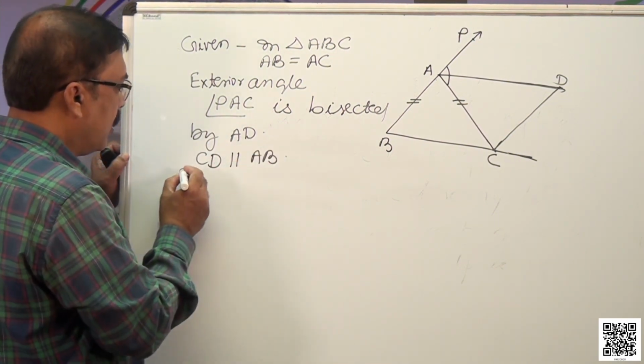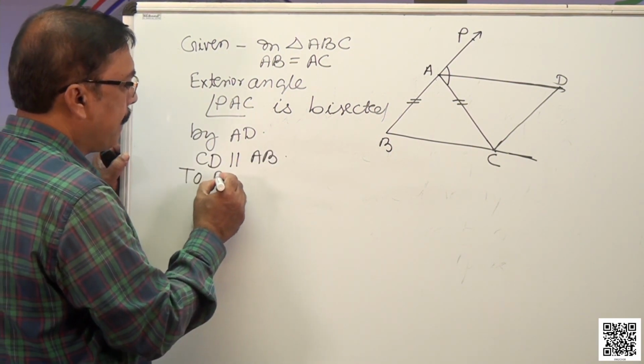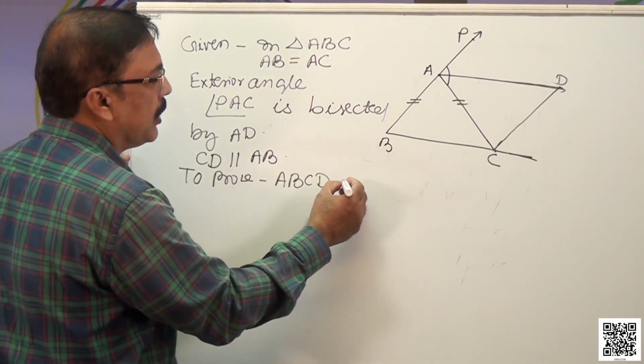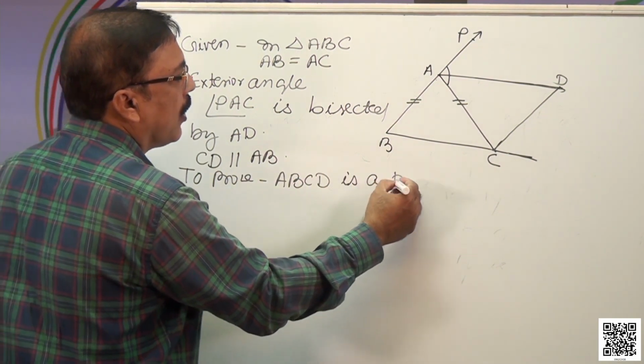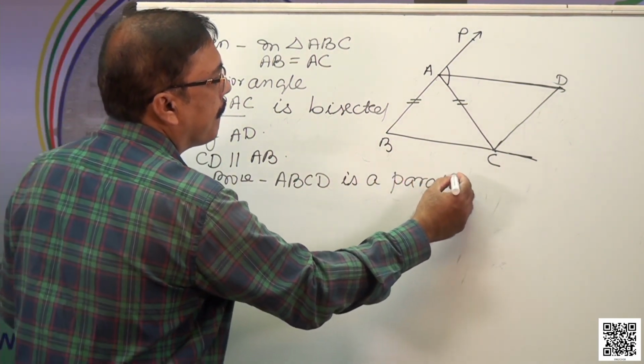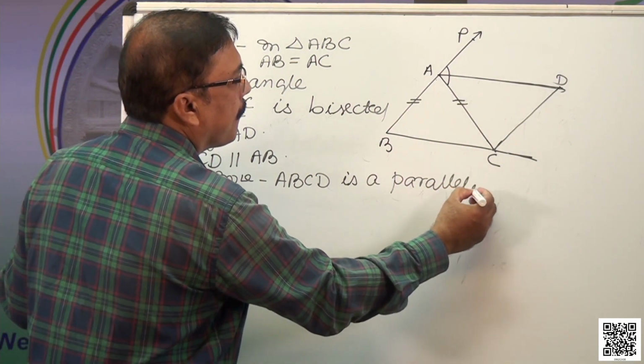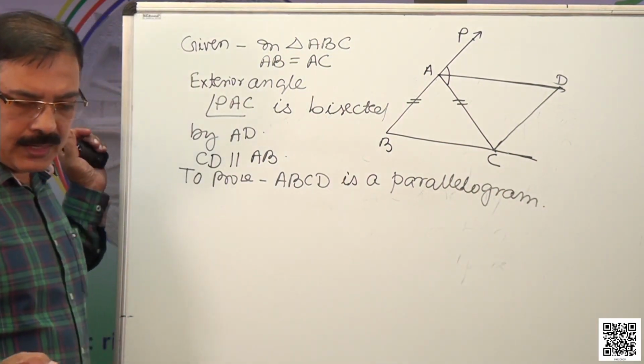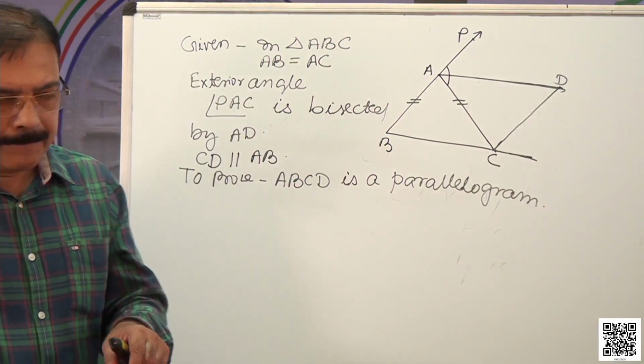This is given. To prove that ABCD is a parallelogram. Now, how to prove it? Let us see.